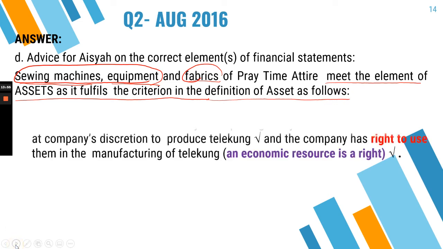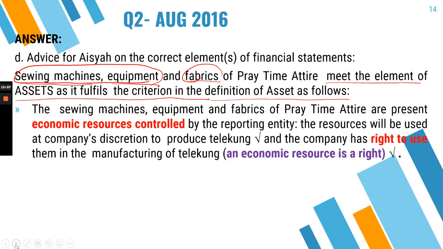So go and discuss the first point about the economic resources controlled. Sewing machine, equipment and fabrics are present economic resources controlled by Aisha, the reporting entity, perhaps Aisha Berhad. So by Aisha herself, not under the control of another company. And these resources will be used at the company's discretion to produce the telekung. Maybe the fabric can also be used to produce shawl.